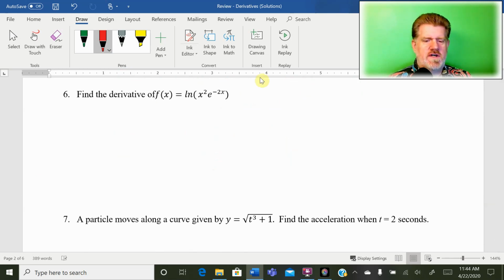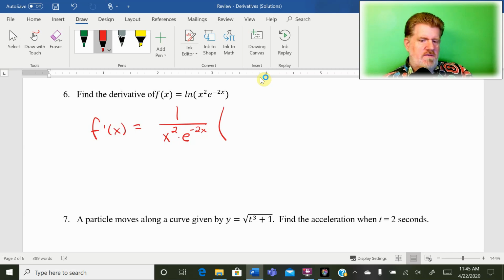All right, the derivative of natural log of all this mess. So remember, the derivative of natural log is 1 over whatever is in there, times the derivative of that. Now we've got a few things going on. We definitely have a product rule, because we have x squared times e to the negative 2x.